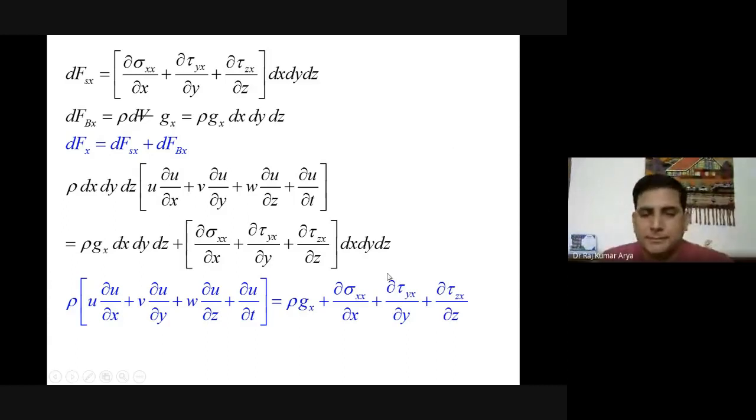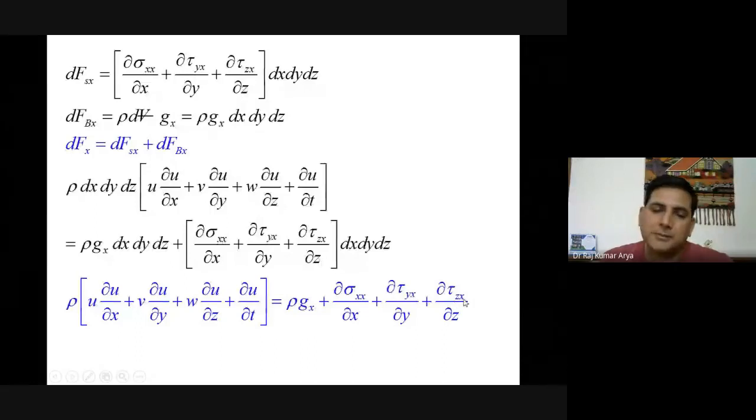Similarly, we can write for y momentum. Only this would change: y, v. This x would change to y, and these coordinates will change. The last coordinate, this x would change to y, this also to y, this also to y.